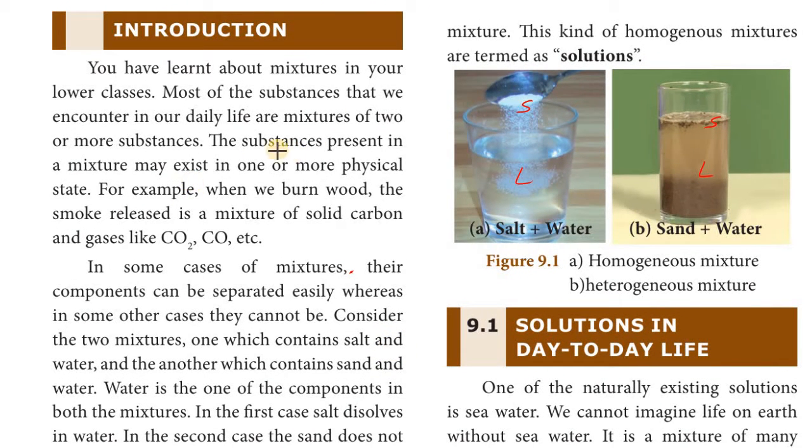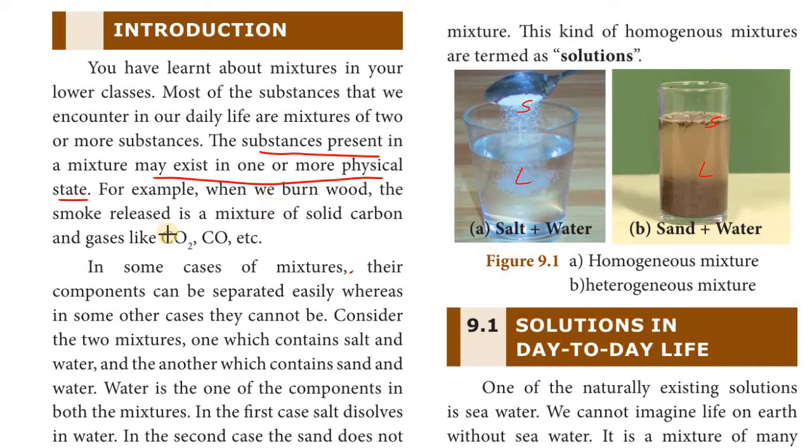Well, as I have already told you, this is again a mixture, salt in water. Now the substances present in the mixture may be present in one or more physical states, right? So these are two examples. Let's have some more examples.